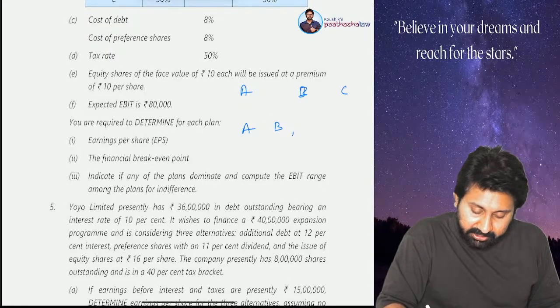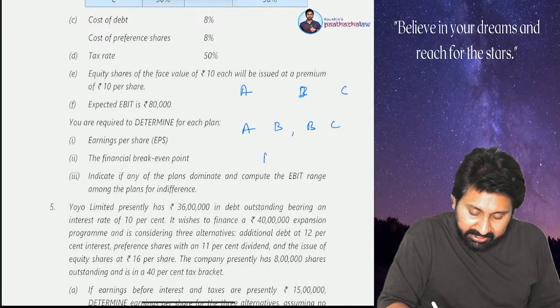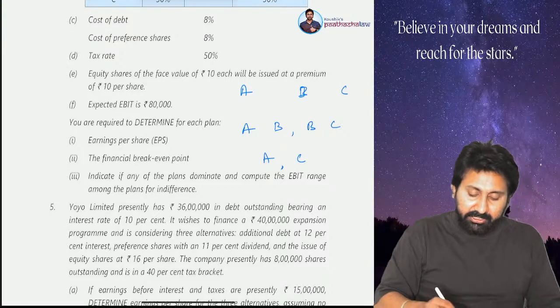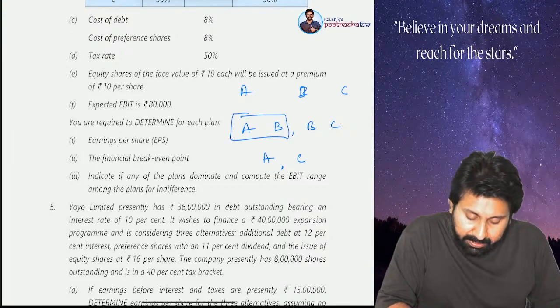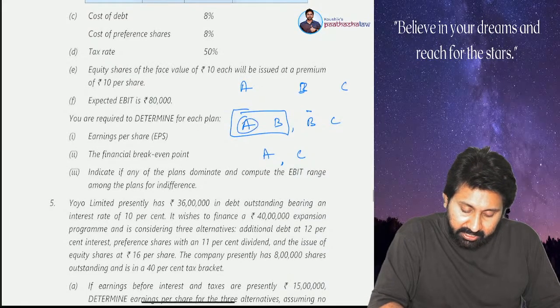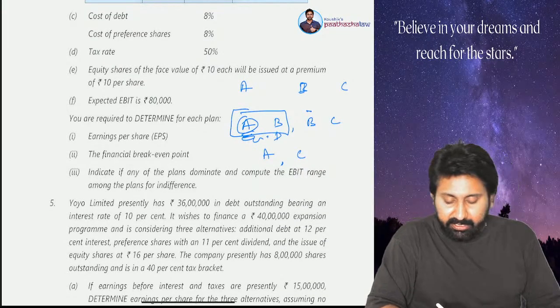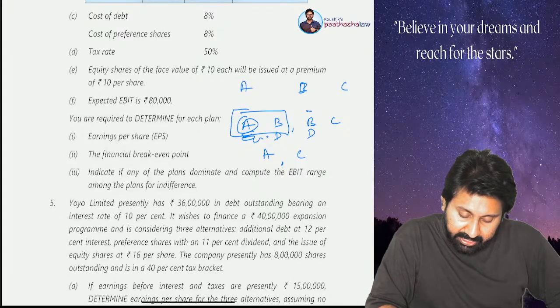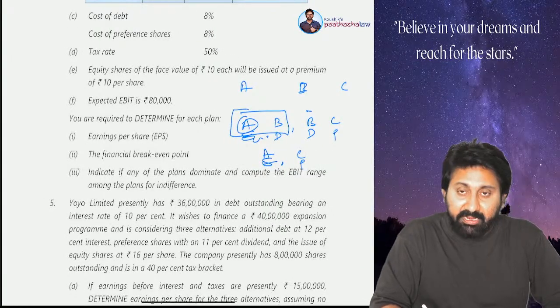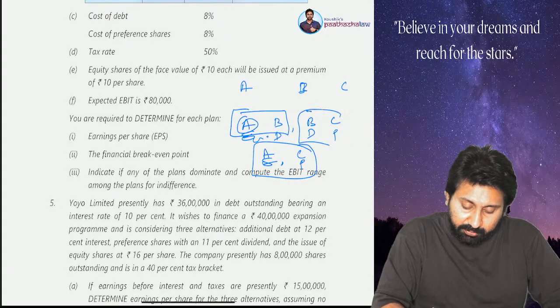AB combination, BC combination, AC combination. AB is equity and debt, next is debt and preference, next is equity and preference. These are the various options available.